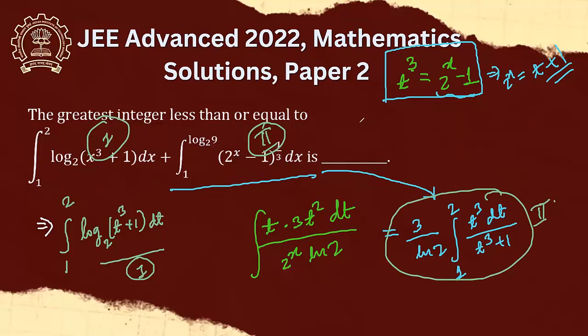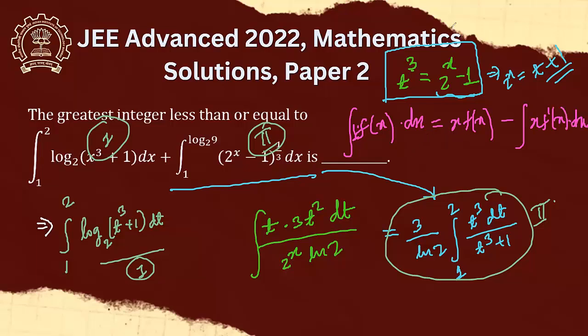Now we have a property, if you remember. If there is a function f(x) and I have to find the integral of that function f(x) dx, this is in general I'm telling you, if I use integration by parts, 1 times f(x), I can write this as x f(x) minus the integral of x f dash x dx.